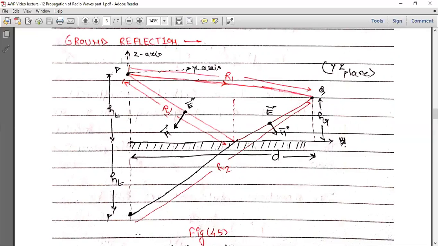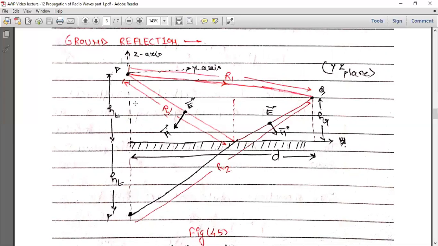Jointly, P and P dash, in the absence of this ground surface, will produce the same result at point Q as produced by the point P in the presence of the ground surface only, as we had studied in the theory of images.